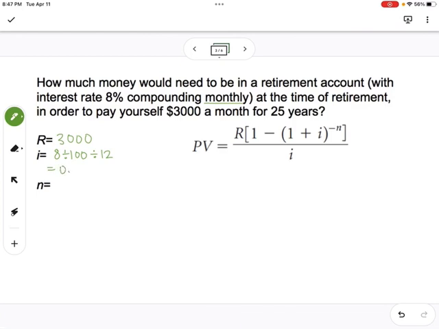So 8 divided by 100 divided by 12 is 0.00666667. You could round that to be less of a decimal if you'd like to, keeping in mind the more decimals you keep, the more accurate it will be.